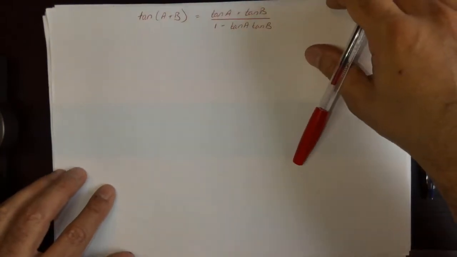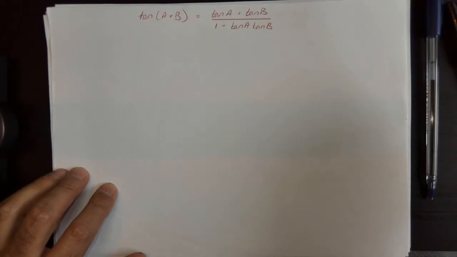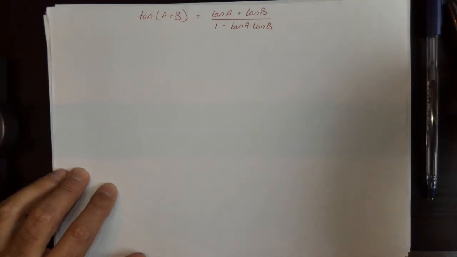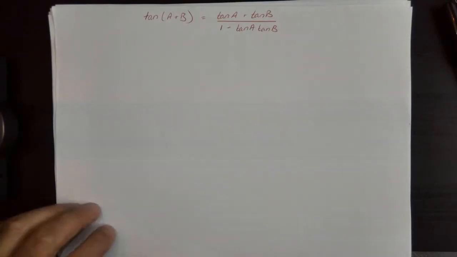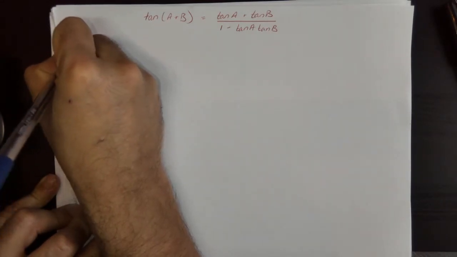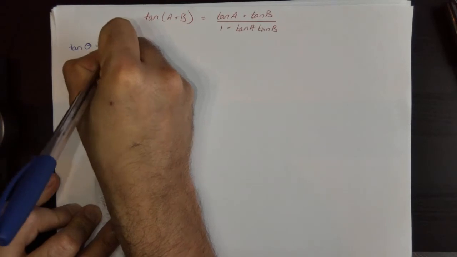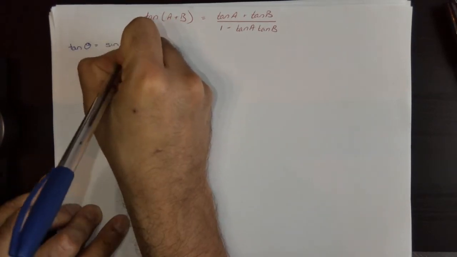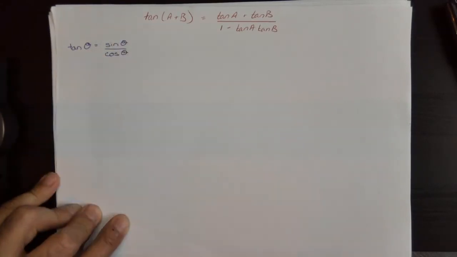Now we have tan A plus B. Now we know that tan theta equals sine theta over cos theta.